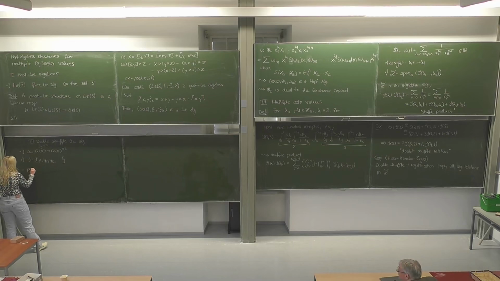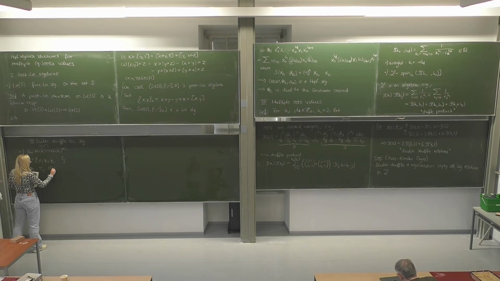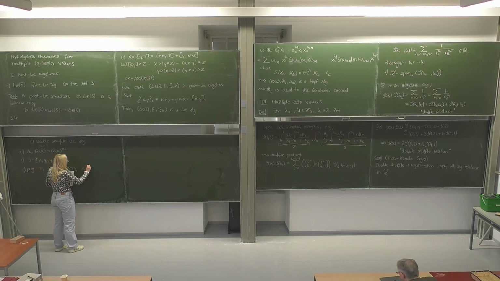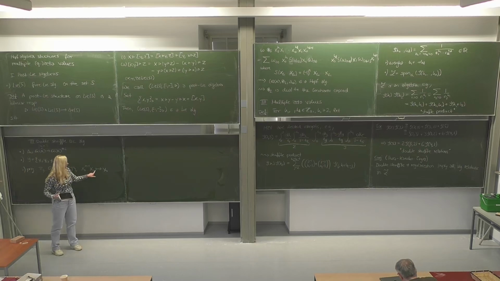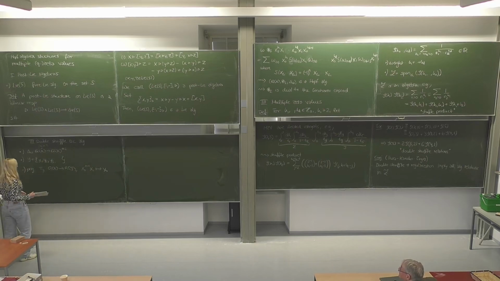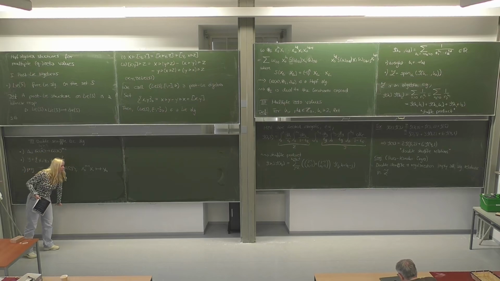I can project from my Q<x> to Q<y> by just sending x0 to the n-1, x1 to yn, and then extend this with concatenation. And okay, if there's an x0 in the end, there's nothing to do, so it just gets mapped to 0. Roughly, I just project the terms which end in x1.